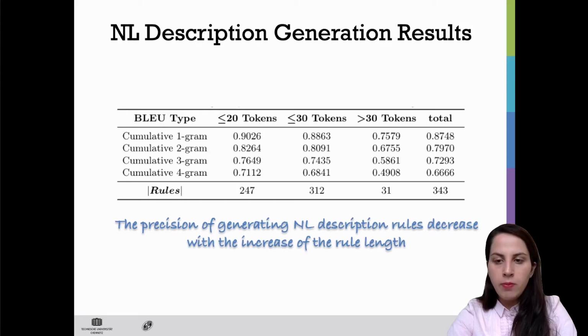Then the bilingual evaluation understudy, which is the BLEU score, is calculated to measure the similarity between the generated descriptions and the ground truth human-written text. Here we show the BLEU scores in terms of the cumulative n-gram precision for the different rule lengths. What we can see here is that the precision of generating natural language descriptions of rules decreases with the increase of the rule length.